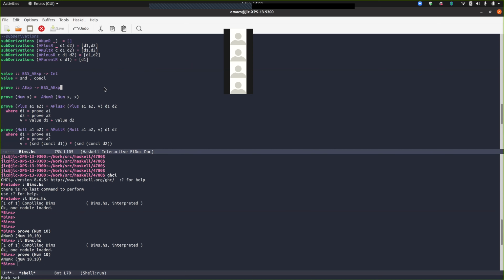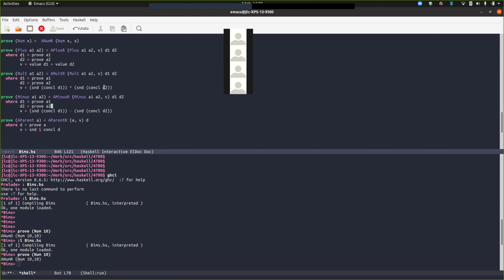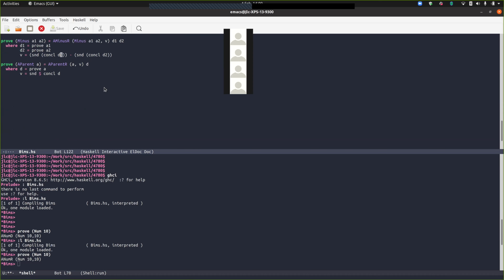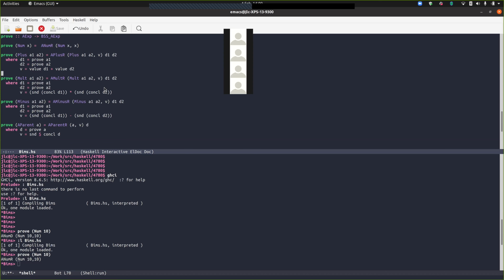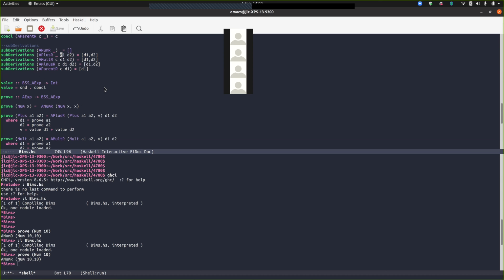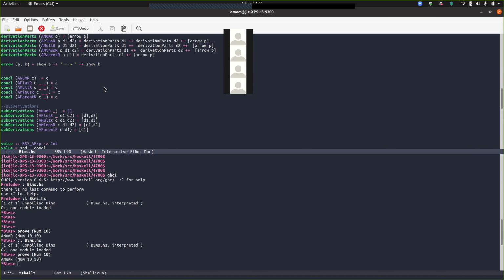So now we could make a nicer display for this, because I could write num10 right arrow. Oh, I think I have that somewhere in here. So this is a Haskell implementation of building the actual derivation structure.